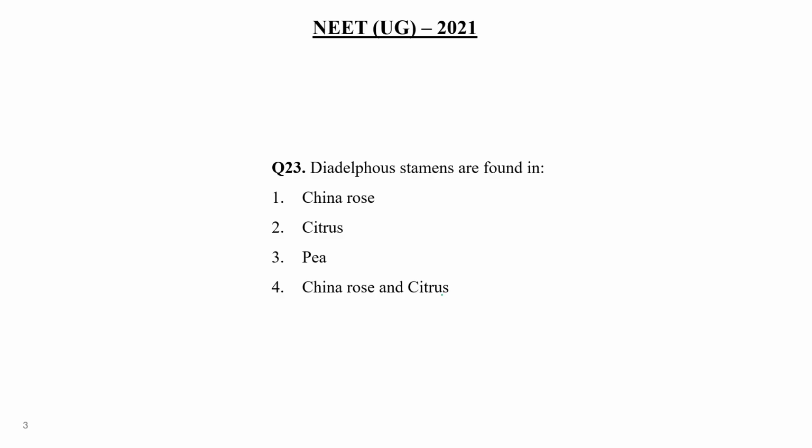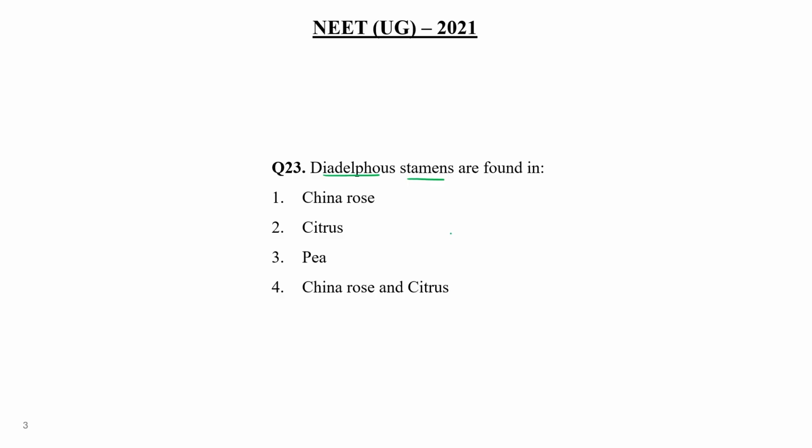Next, Diadelphous stamen is found in China rose, citrus, pea, or China rose and citrus. Diadelphous stamen, these are the qualities of. Just take 5 seconds, then tell me the right answer.